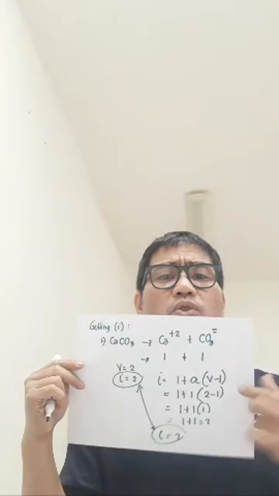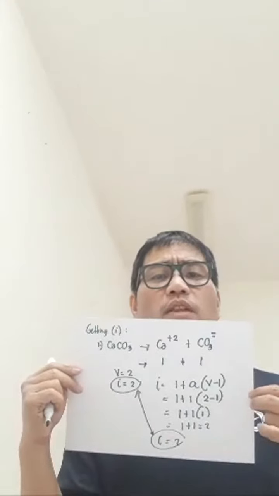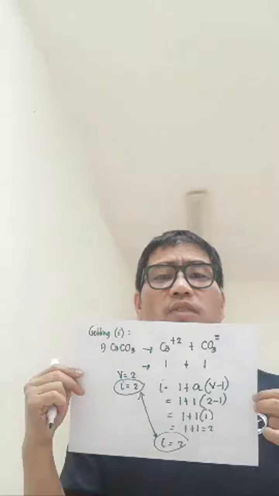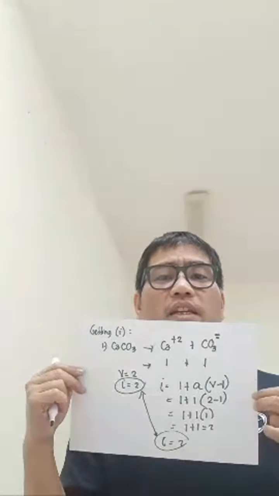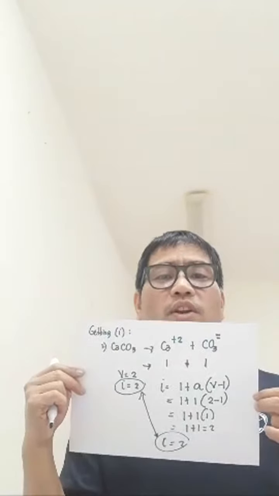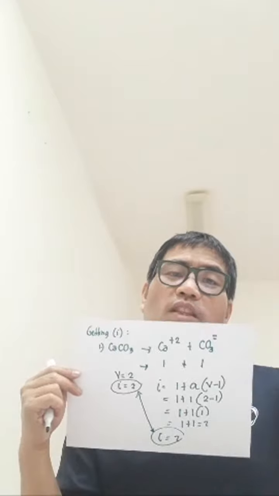No need to show this every time, because we now have the theory that during dissociation of an electrolyte or any source, assuming a 100% degree of dissociation, you just total the number of ions.